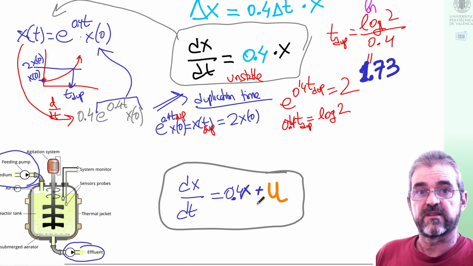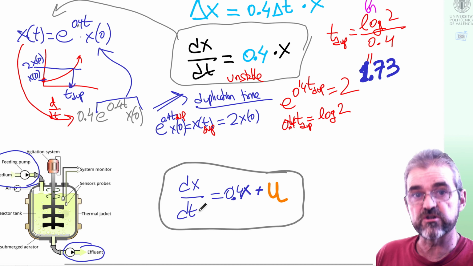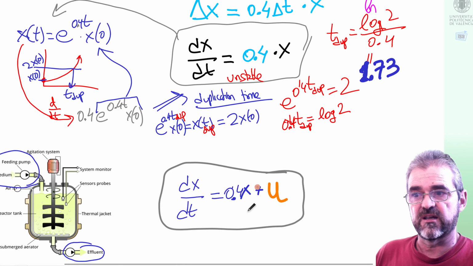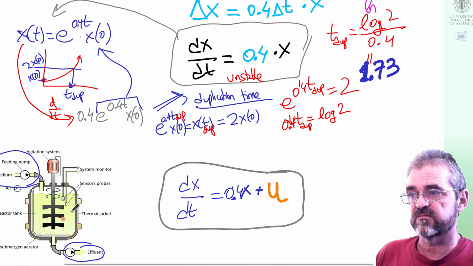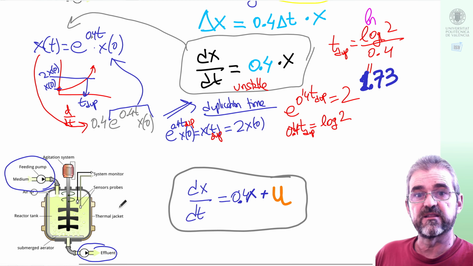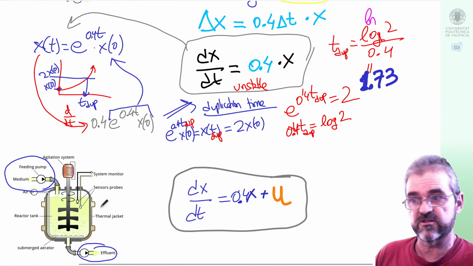But of course, that means that in order to keep this population constant, I need to measure x, I need to measure that population and compute that control law cancelling the growth. But again, details on control for this bioreactor are out of the scope of this video, so we will end our presentation here by summarizing what we have discussed.